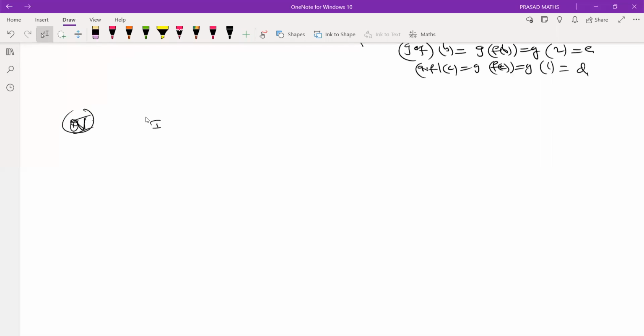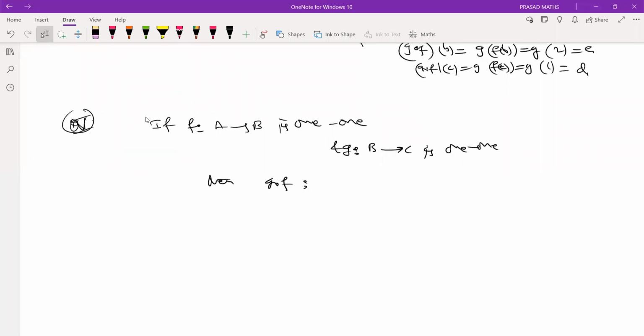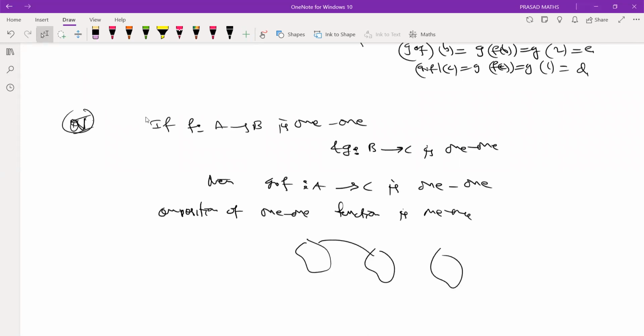If f is a bijection function from A to B, that is one-one, and g is a function from B to C that is one-one, then G circle F from A to C is one-one. Yesterday I told you the composition of one-one functions is one-one.